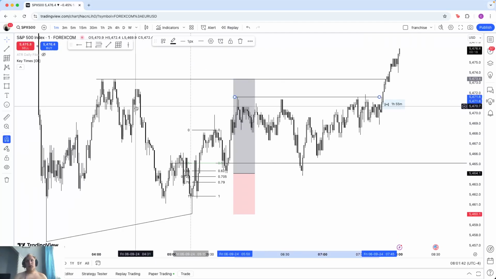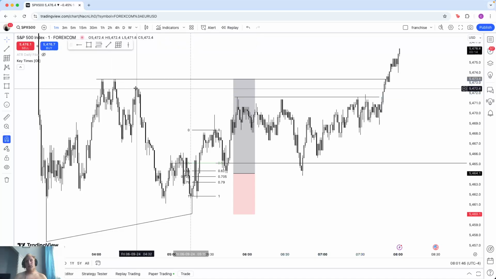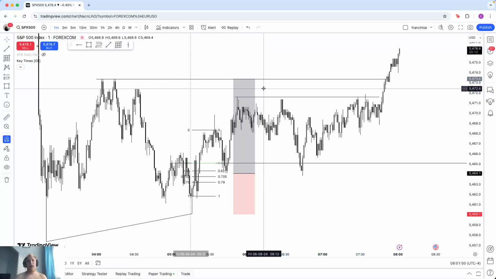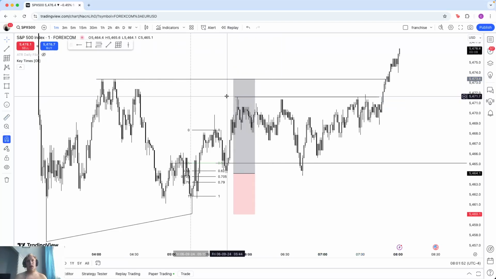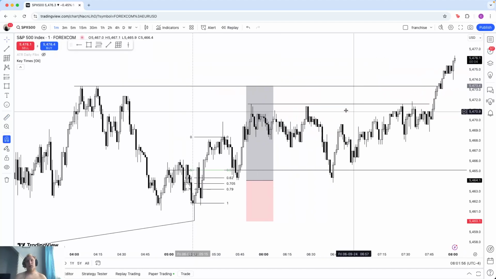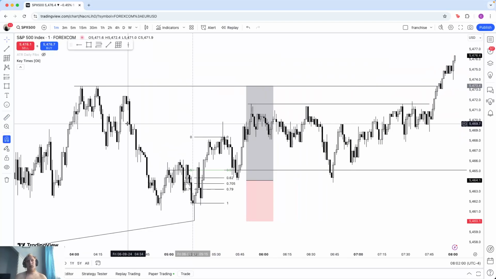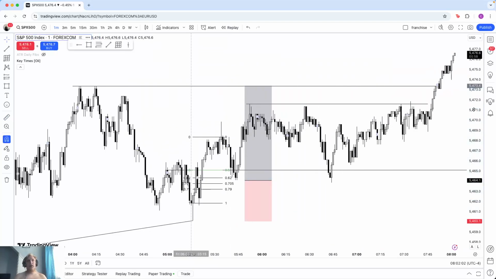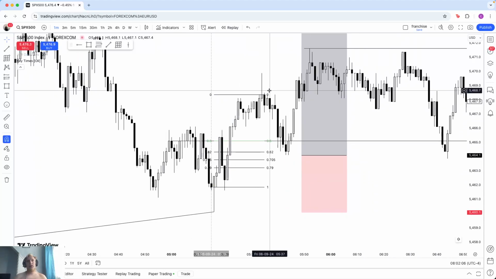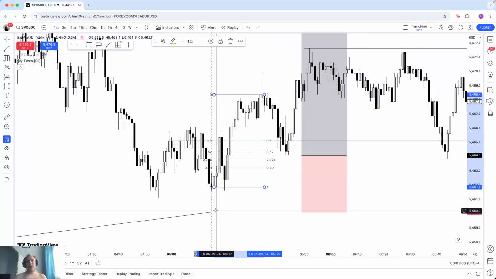Could have also been targeting this gap, this high, but realistically it's about 20 ticks away, so I suppose you could have had that as well. But the problem with OTE is that it ruins RR because the stop still has to be here.